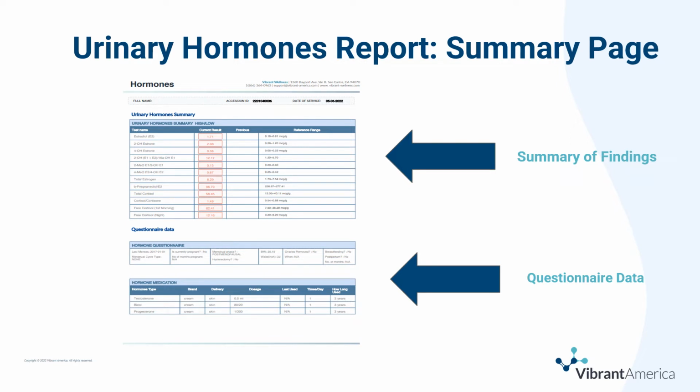Also important is information like the date of last menstrual period, whether there are any prostate symptoms, whether a patient is breastfeeding, and whether a patient has intact ovaries. Again, all of this information gives you an opportunity to have an at-a-glance overview of all of the analytes that are out of the reference range and some of the influences that might affect hormone levels.